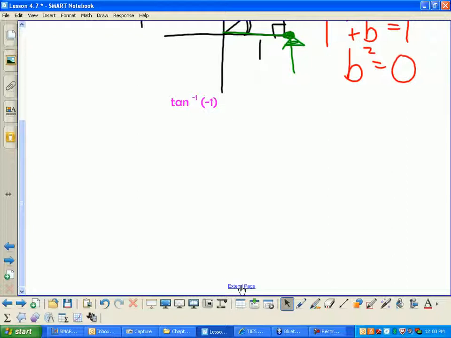You don't need to write your negative 1. You just wrote arctan equals.